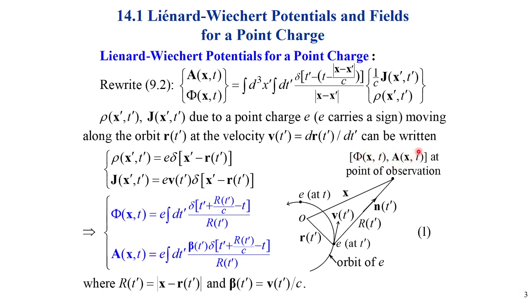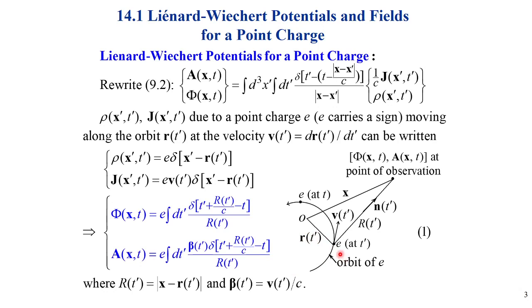This is the observer's coordinates. Okay? The origin is here. From here to the observer is x. From here to here is x prime. But x prime is along these coordinates. Okay?